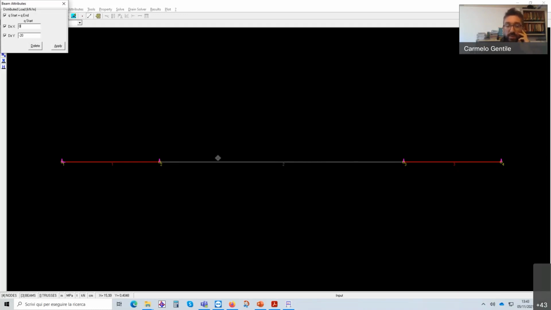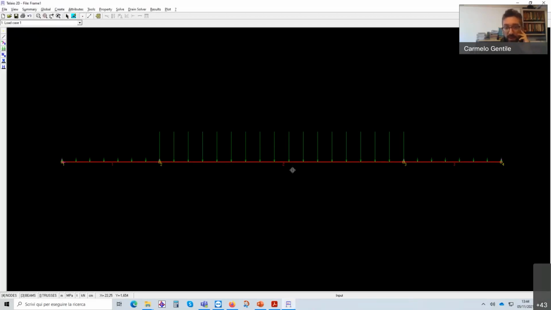So if we have the possibility to load 20 kilonewton per meter in the midspan and only 3 kilonewton per meter in the lateral spans, we will find the maximum bending moment in span 2-3 much higher than the bending moment that we would find if we load 20 kilonewton per meter also the lateral ones.